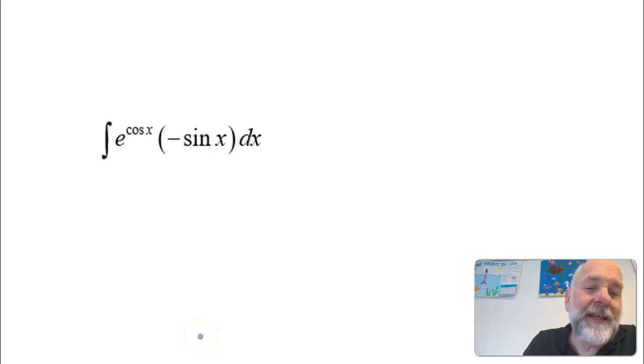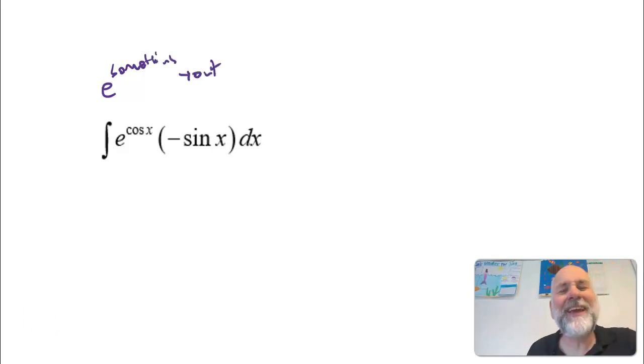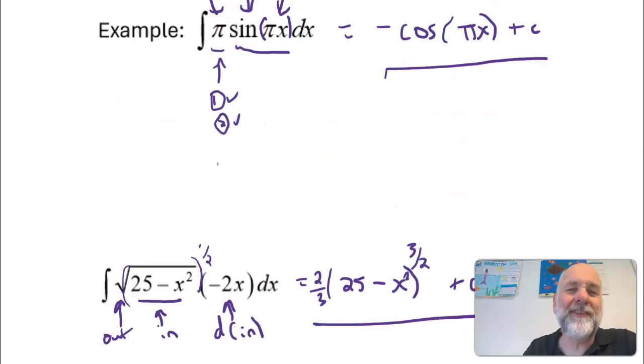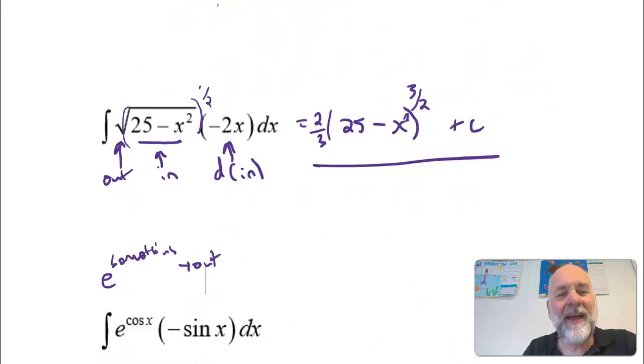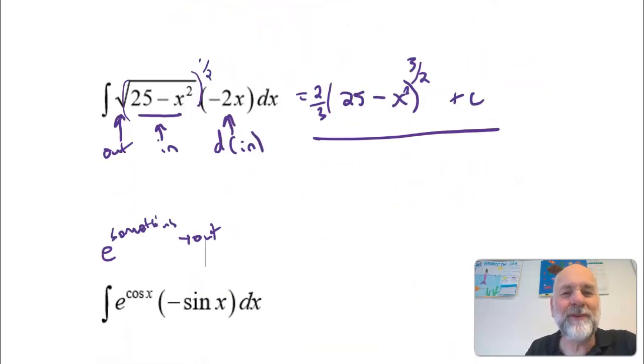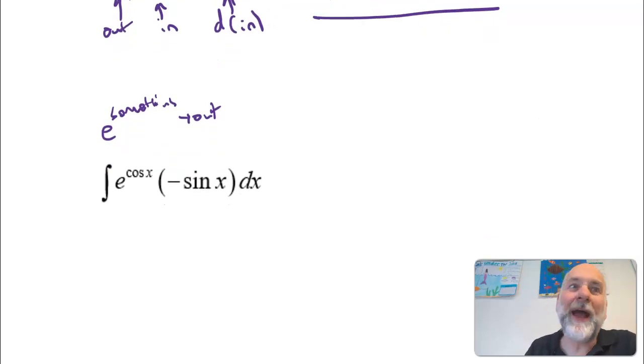Again, we've got e to the something is the outside. Remember, this is kind of weird. With e to the something, it doesn't look like outside and inside functions as clearly as like sine or square root or something to a power or natural log of something.